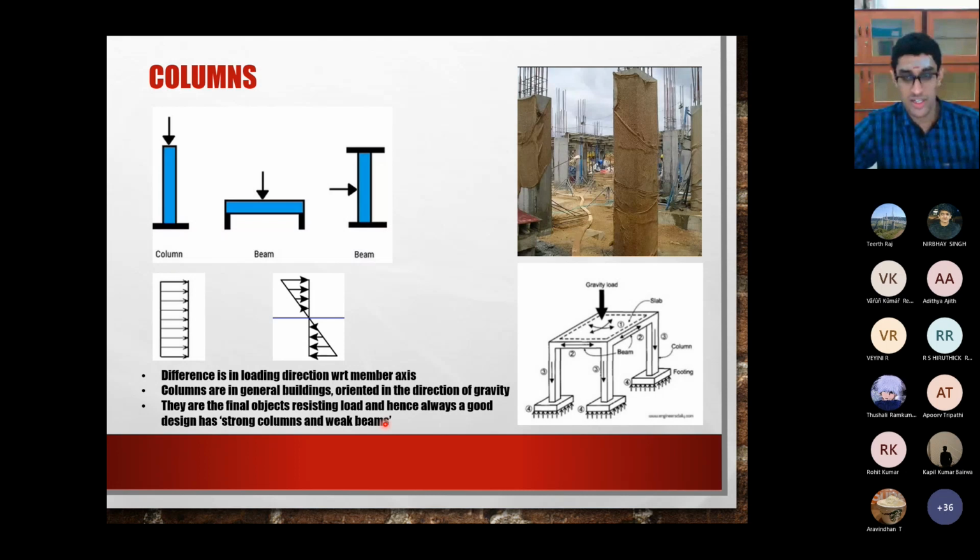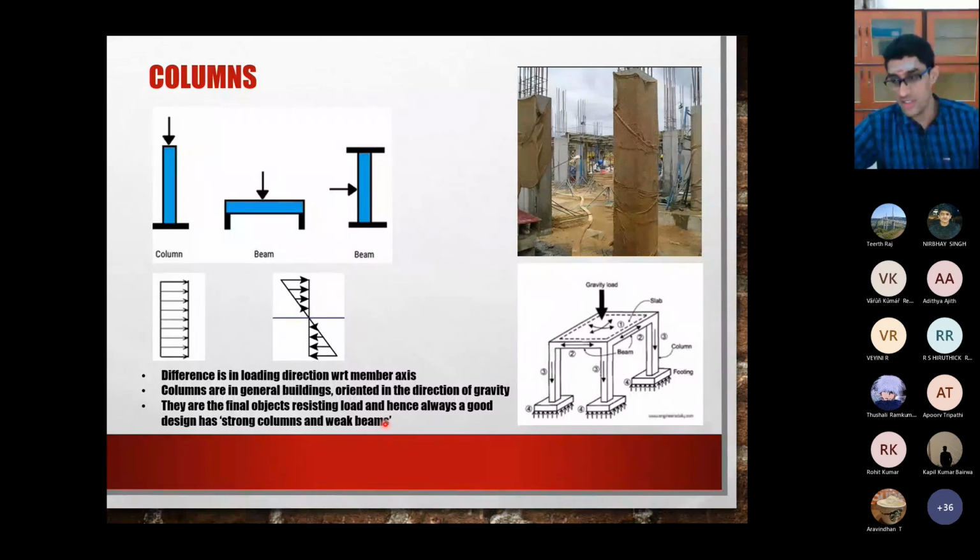A vertical member, okay. Then? It takes compressive loads. Okay, good. Anything else? It will also take lateral loads, in addition to taking the axial load.